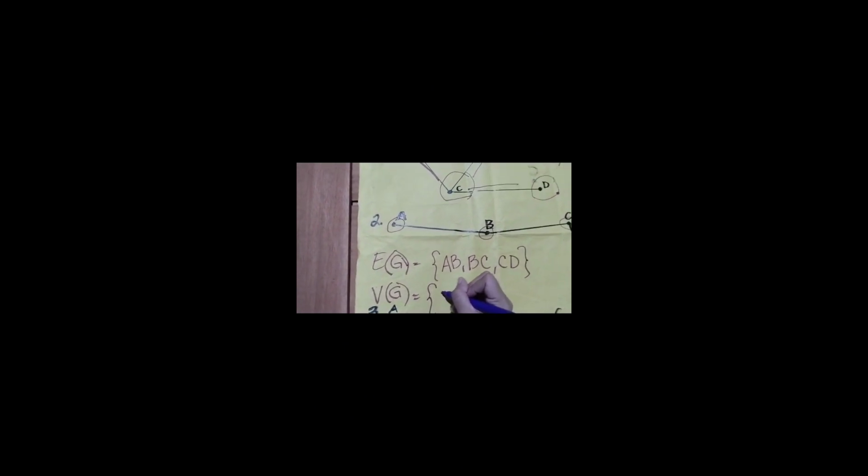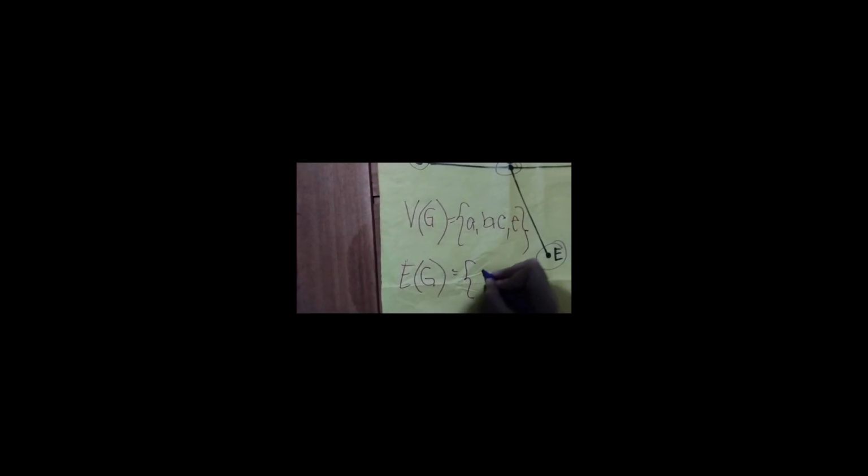For the vertices, we have A, B, C, and D. For number 3, we have vertex A, vertex B, vertex C, and vertex E. So the vertex set is equal to A, B, C, and E. And for the edges, we have AB, BC, and BE.